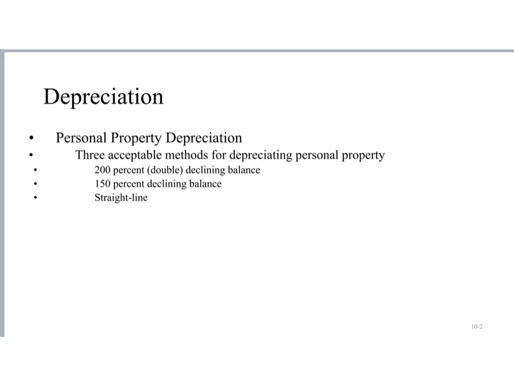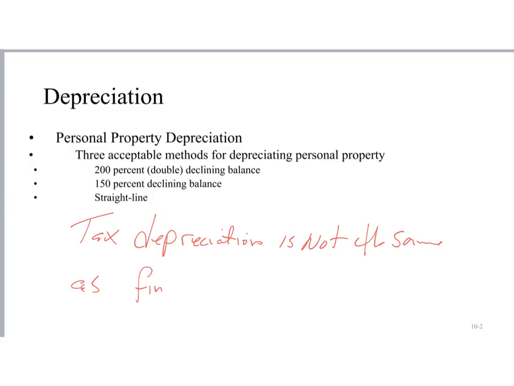And remember, when we're talking about depreciation in this class, we are talking about tax depreciation, and this is not necessarily the same as financial accounting depreciation. In financial accounting, you can use whatever system of depreciation you want as long as it's systematic and rational. The tax code does not allow for those types of options.